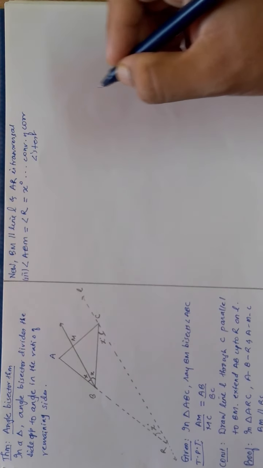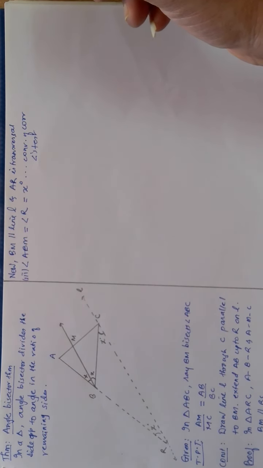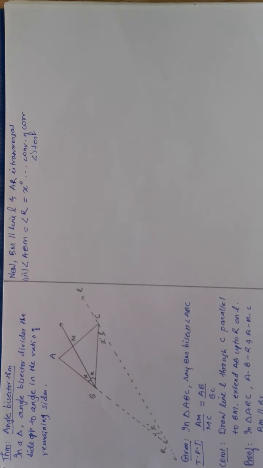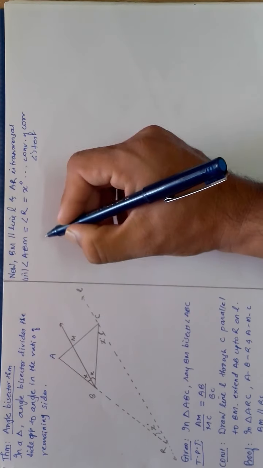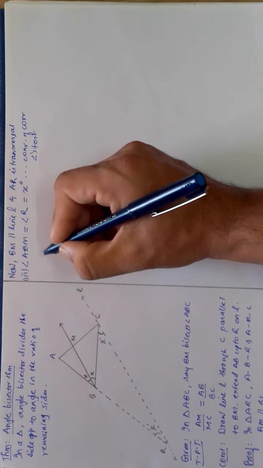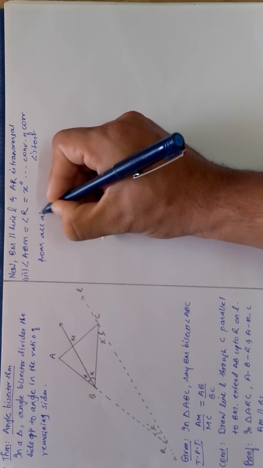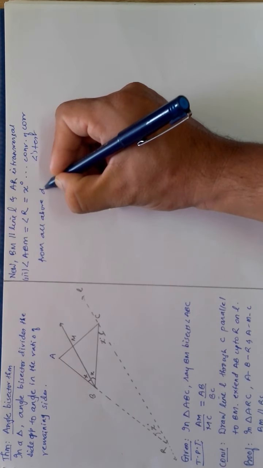In the previous one I have not written the reason. There you mention that it is the converse of the alternate angles test. So everyone is x over here. That is all, everyone is already x. Right? So from all the above, I will not mention 1, 2 and 3 like this. That is, from all the above discussion.